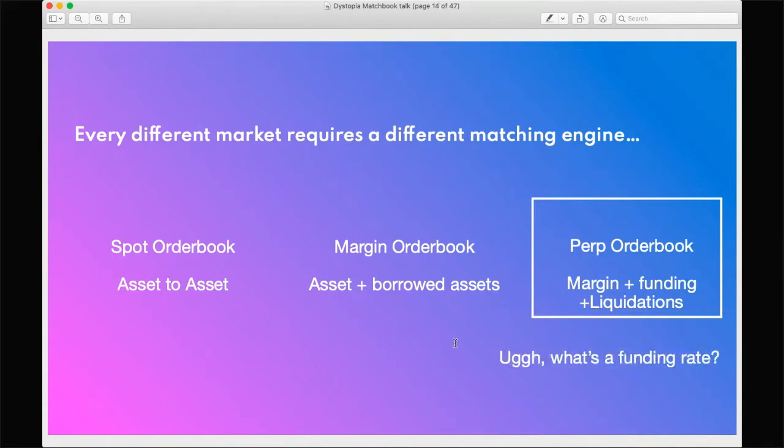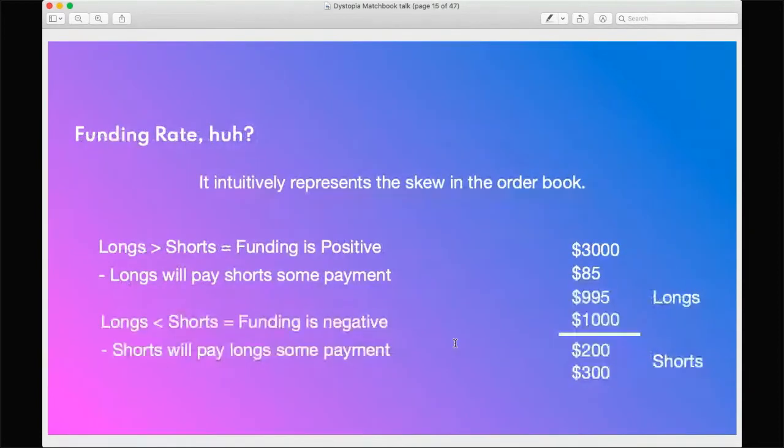I assume that people might be able to follow what margins and liquidations are, but they might be confused about funding if they are hearing about this for the first time. So I'm just going to take a dive at it. It kind of represents, from a broader perspective, the skew in the order book.